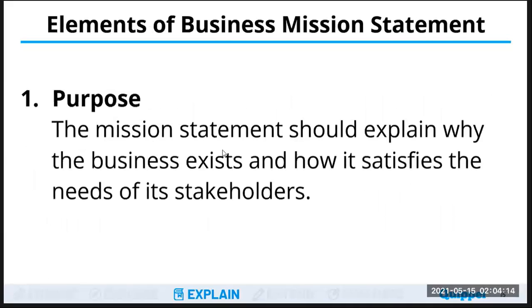Yan, ano ba yung mga dapat nating gawin ngayon? Purpose, the mission statement should explain why the business exists and how it satisfies the needs of its stakeholders. So yun, sa mission din natin, naka-include din yung objectives natin.